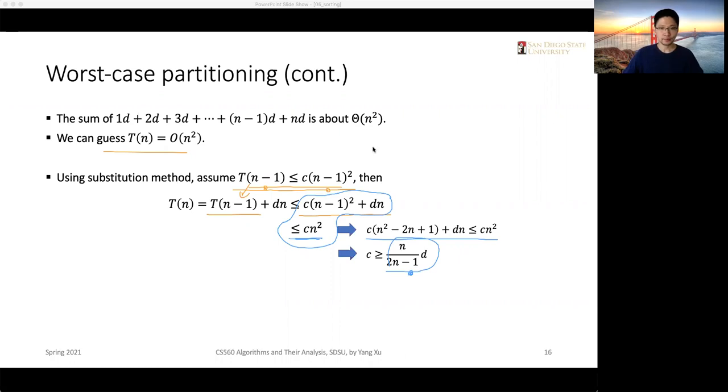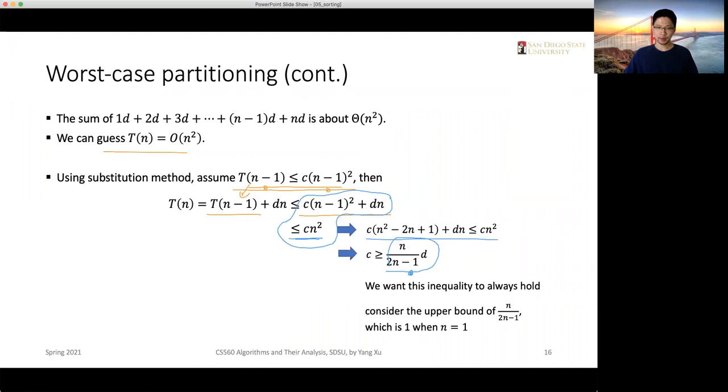Okay, so we can consider the upper bound of this quantity. The upper bound for this quantity is achieved when n equals 1, right?